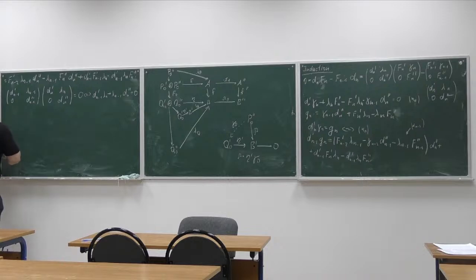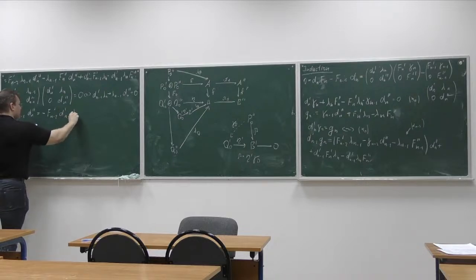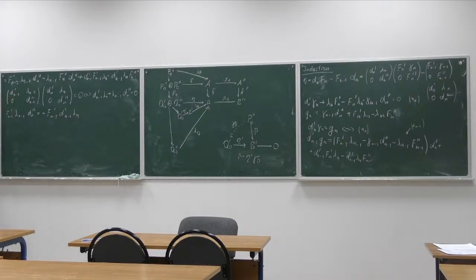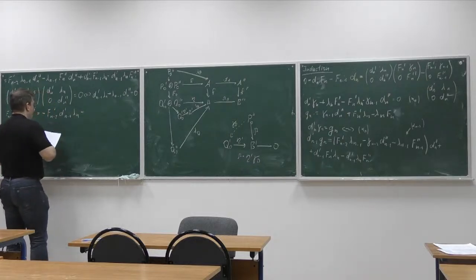So now, with this commutation relation, I can, for example, take the first term, f_{n-2}' lambda_{n-1} d_n''. Well, first of all, this is minus f_{n-2}' d'_{n-1} lambda_n. So I commuted the second and the third terms using the formula that I just derived. And then I can commute the first two terms.